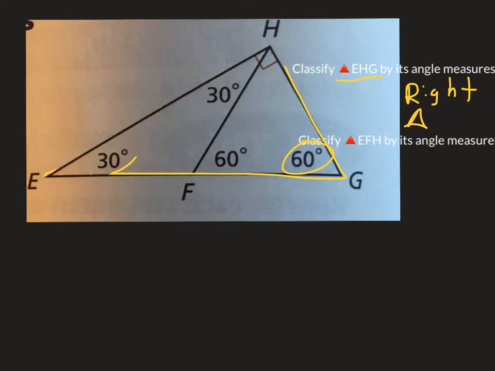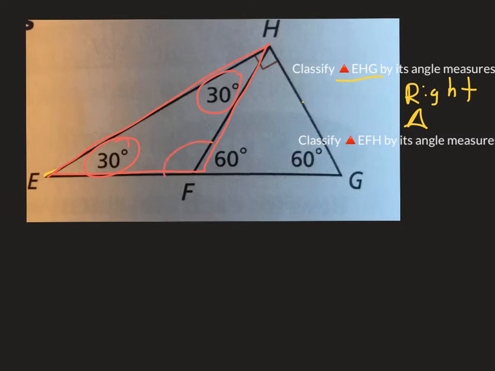Okay, the next triangle we're going to look at is the triangle that is over to the left side of this picture. And let's use a different color for that. Maybe we can use red. And so here we have triangle EFH. And we can see here that we have an angle that's 30 and another angle that's 30. And we have this third angle here.